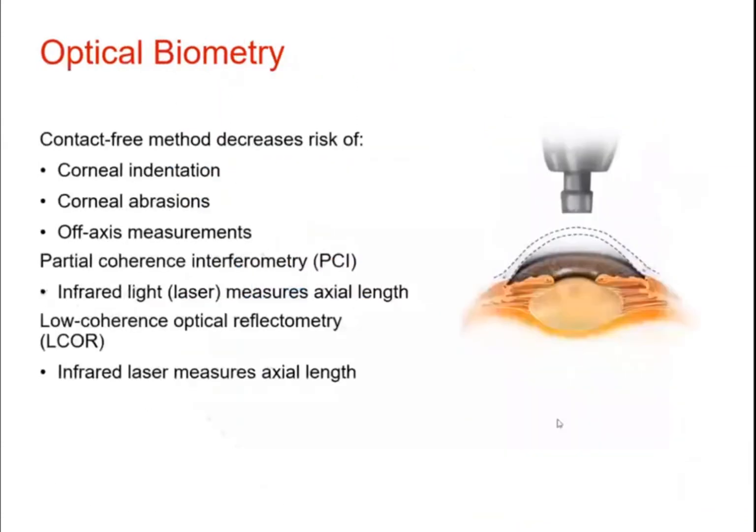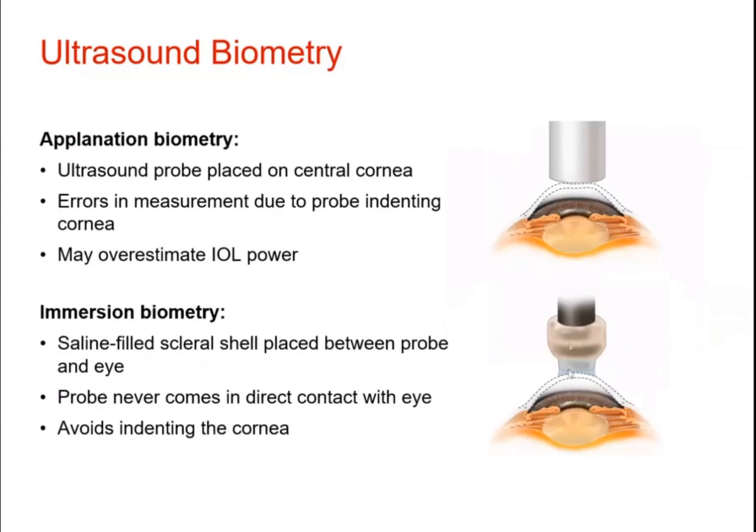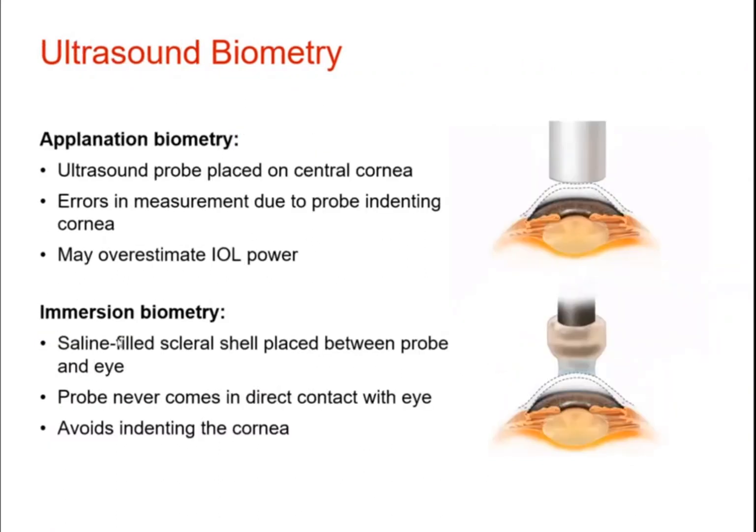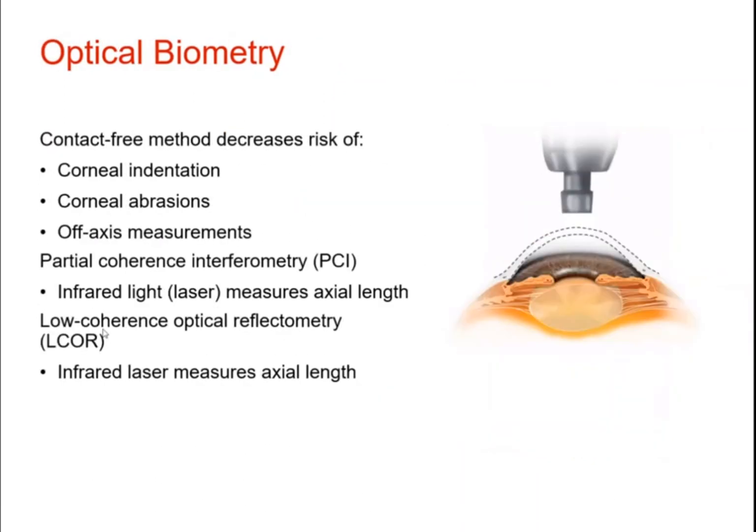Now the advantage with the optical biometry is obviously not touching. So compared to this method, it is not indenting the cornea. Compared to immersion biometry, these two are very similar in terms of the final axial length provided. However, optical biometry has a little bit of advantage in that it measures the axial length to the visual axis.